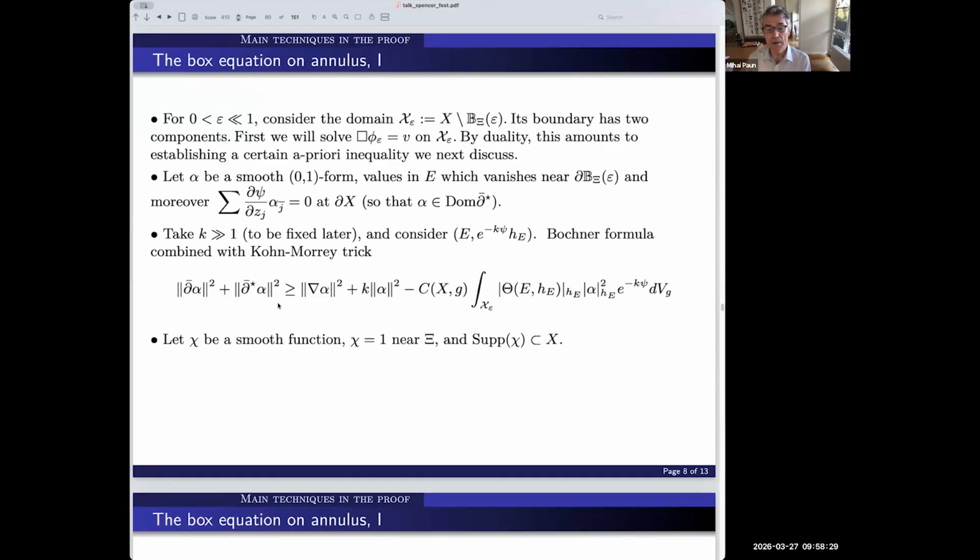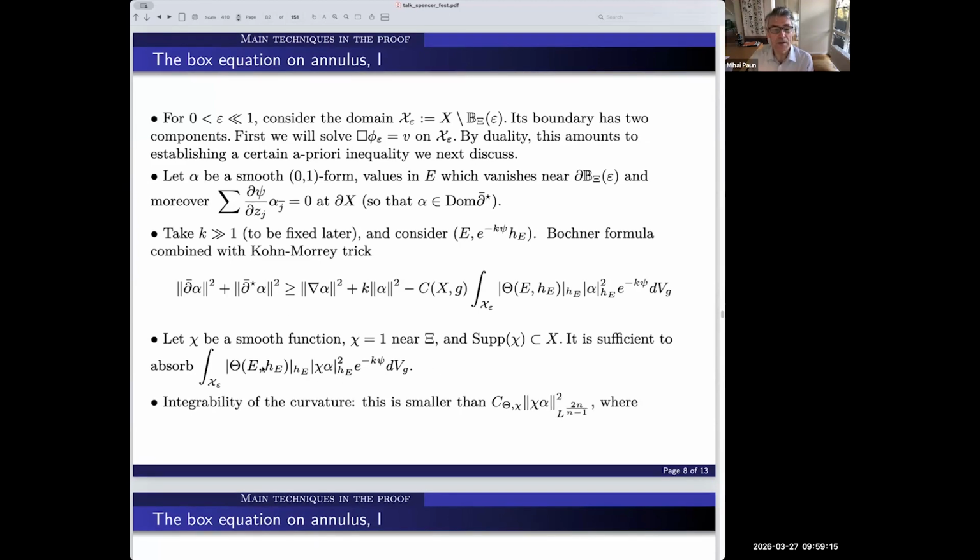Now, we will consider a cutoff function chi which equals 1 near the locus I removed, xi, and which has support in X. And then if you wave your hand a little bit, you will understand that it is enough to absorb this quantity for not only alpha, but chi times alpha. Because basically 1 minus chi will be 0 near xi, and then there is no problem. k maybe can be taken large enough to absorb that term. But the problem is what we do near xi.